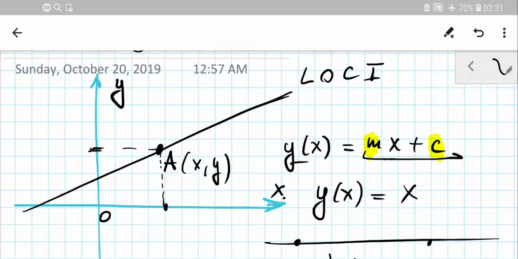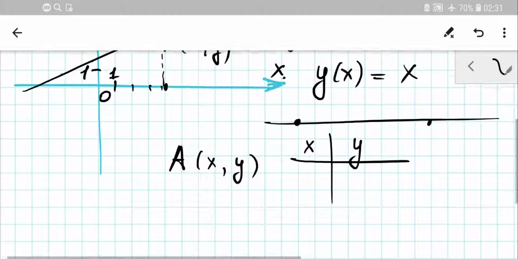For example, in this particular case, if we take the scale that one cell is 1 unit, and vertically the same, the point will have coordinates 4 for x and, let's say, 3.5 for y. That's how we define the coordinates of a point.